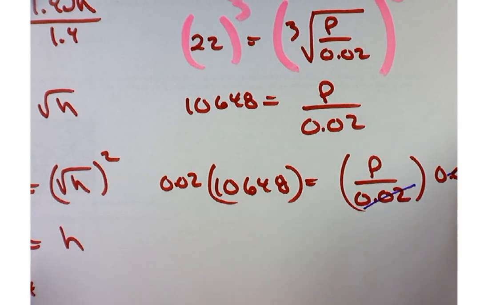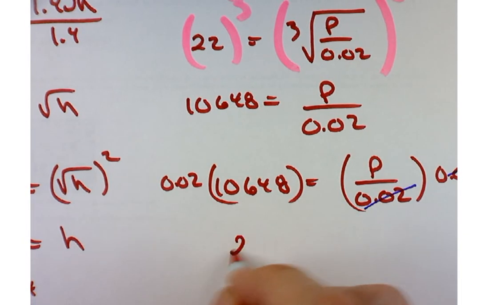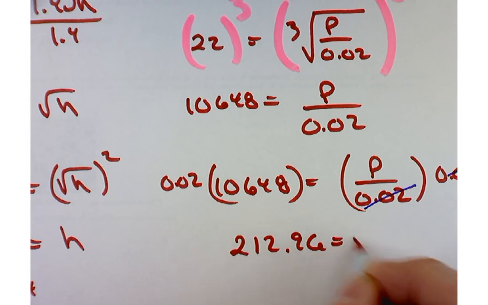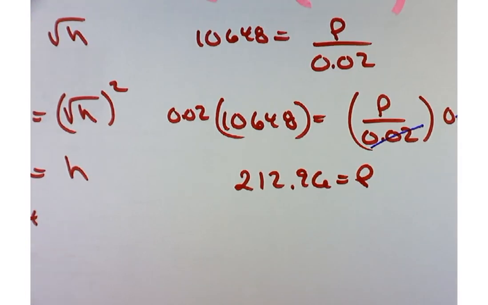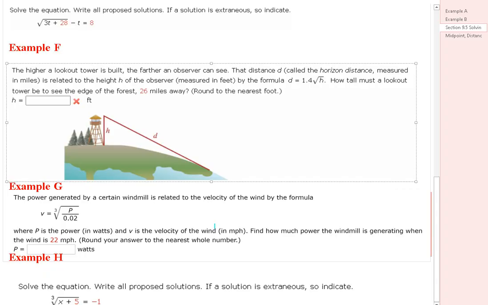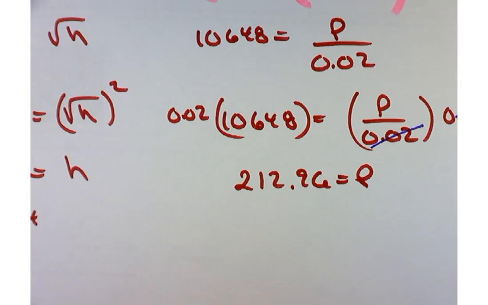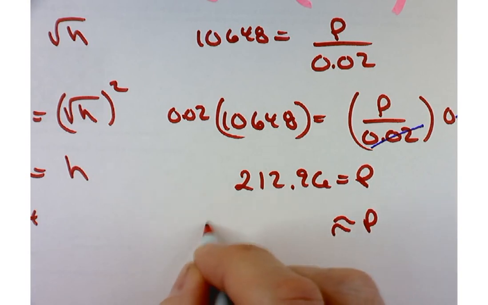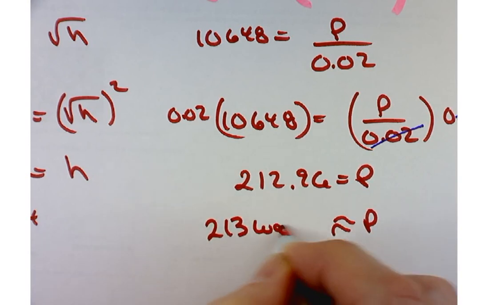That cancels there. And on the left-hand side, we just get to multiply. And 212.96 equals P. Be careful when you put in your answer. It doesn't want the exact answer like this. It wants you to round it to the nearest watt, which in this case is 213 watts.